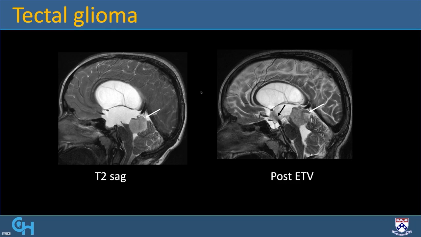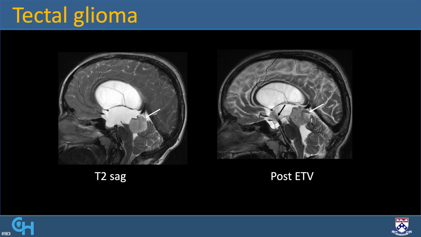So you can see here in this case, following the third ventriculostomy, which is evidenced by this dark jet, as we see on the sagittal T2 images, the extent of the ventricular dilatation has gone down. This is an immediate post-ETV study.